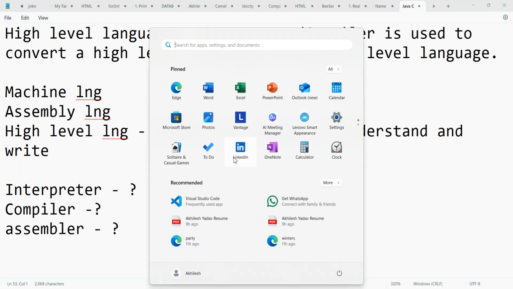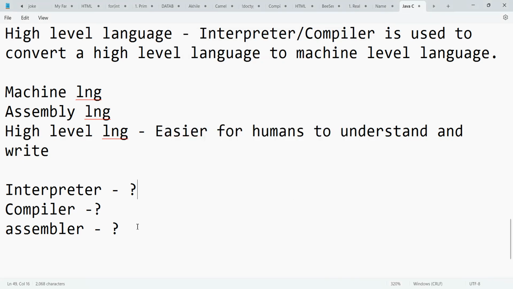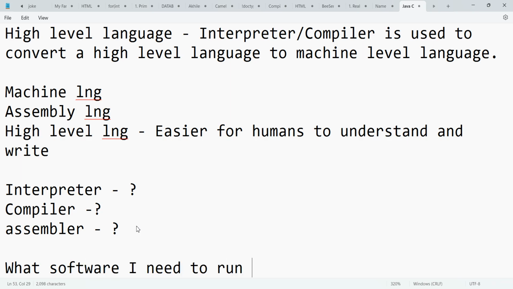For example, what are the applications like photos, videos. To run a song, we have a music player. Yes. And to run Python programs, we have IDLE, Jupyter Notebook. So the question that comes to your mind is what software I need to run Java programs?